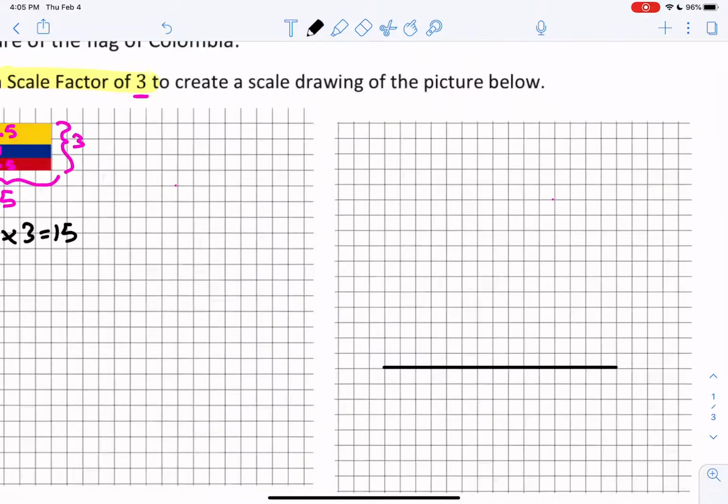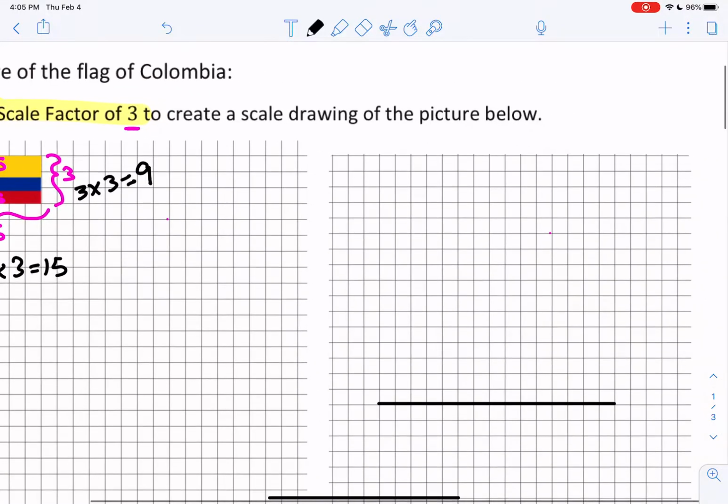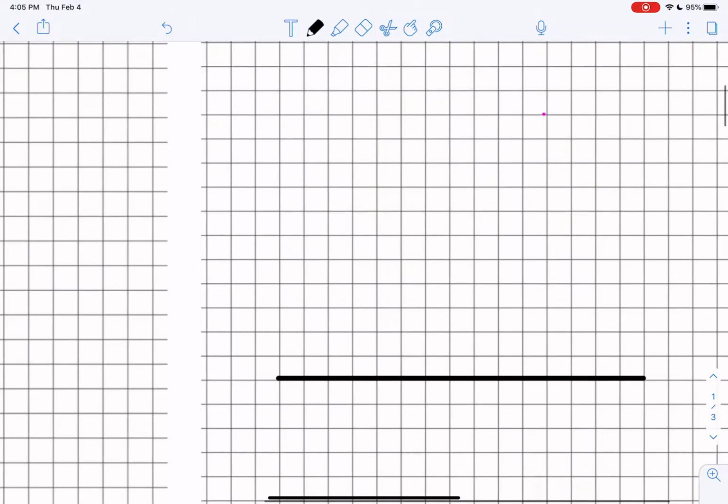Now, the height was 3. Well, if the scale factor is 3, that means the height's going to be 3 times 3, which equals 9. So our new height for our new flag is 9. So I'm going to go ahead and draw a line 9 boxes tall. 1, 2, 3, 4, 5, 6, 7, 8, and 9.